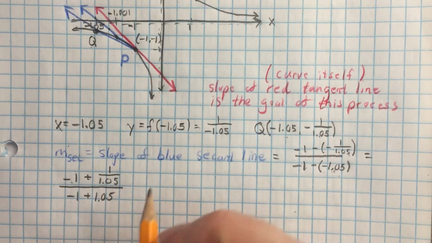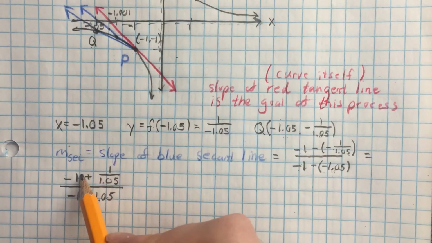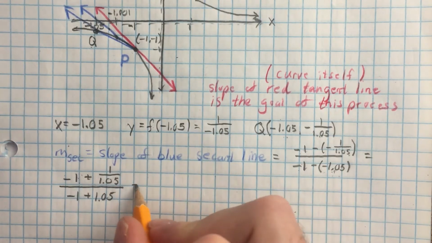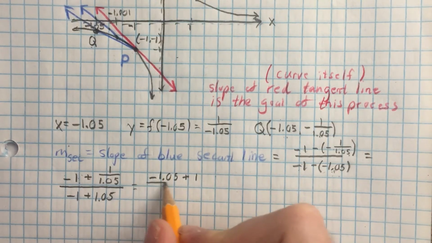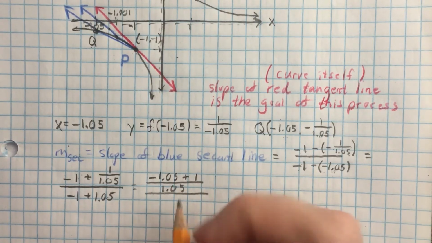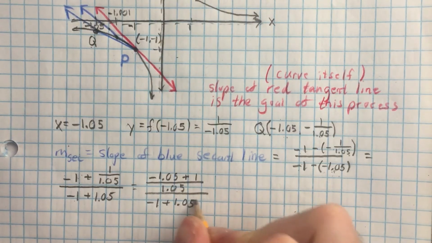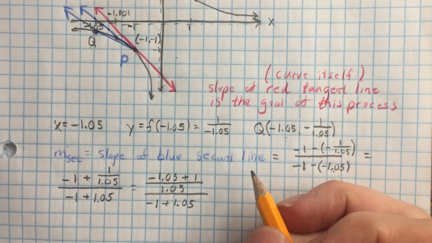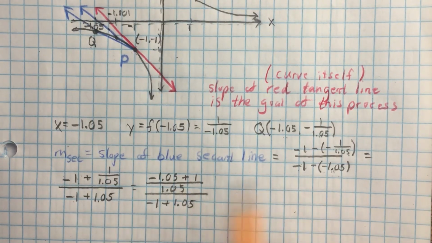Because the numbers are so similar here, I noticed that if I multiply the negative 1 by 1.05 over 1.05, so the top has the same denominators, it looks something like this: negative 1.05 plus 1 over 1.05, over negative 1 plus 1.05. Now you can do this with a calculator, but this one seems simple enough anyway.